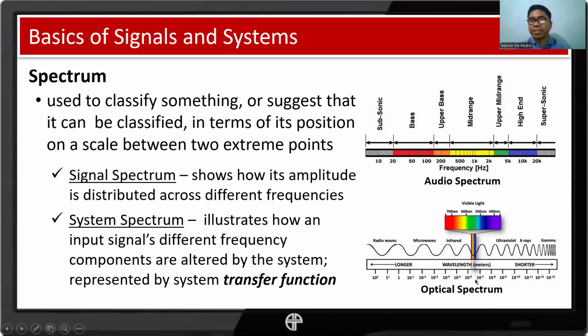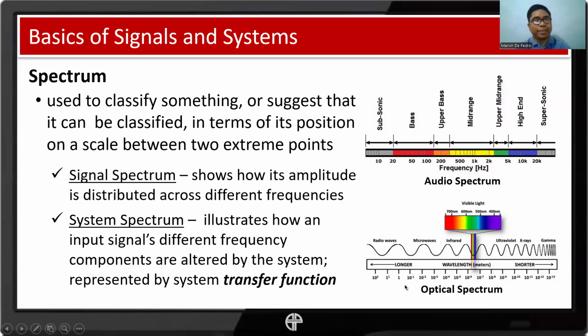In the optical spectrum we usually convert the frequencies into the corresponding wavelength. To get wavelength, just divide the speed of light by the frequency. Just remember, the optical spectrum is around 700 nanometers down to 400-plus nanometers.